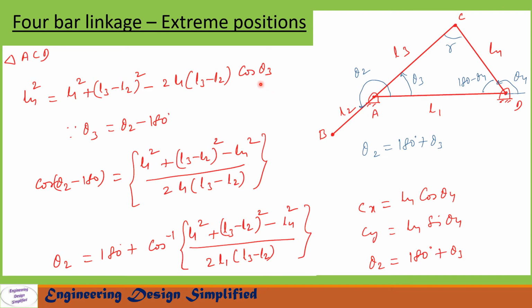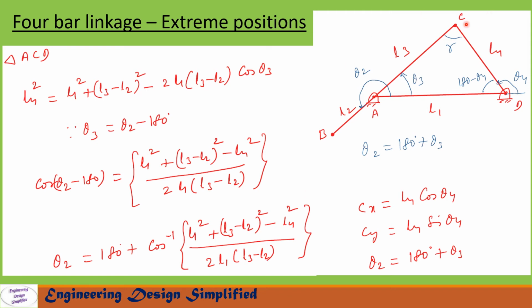Since theta 3 equal to theta 2 minus 180 degrees, let us substitute that in this equation. We get cos (theta 2 minus 180 degrees) equal to [L1 square plus (L3 minus L2) square minus L4 square] by [2 L1 into (L3 minus L2)]. After simplification, we get theta 2 equal to 180 plus cos inverse of [L1 square plus (L3 minus L2) square minus L4 square] by [2 L1 into (L3 minus L2)].